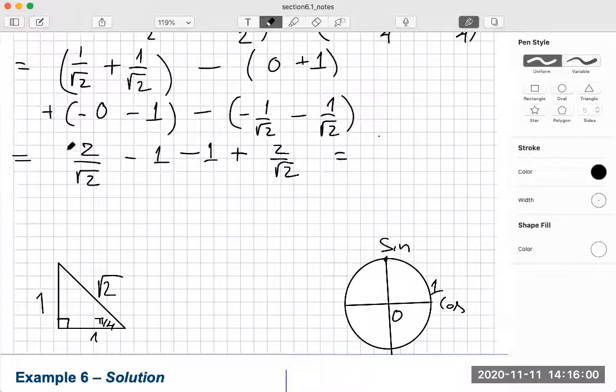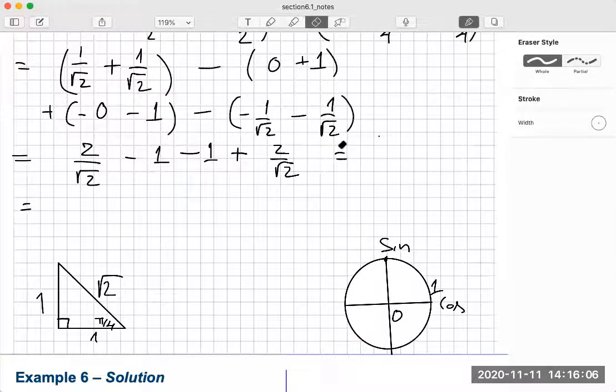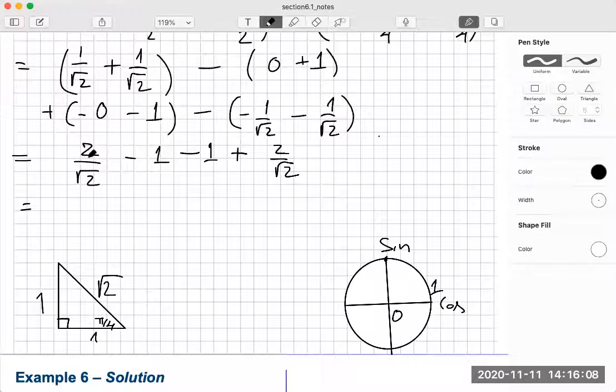Let us simplify it. 2 divided by square root of 2 gives us square root of 2. 2 is square root of 2 times square root of 2, right?